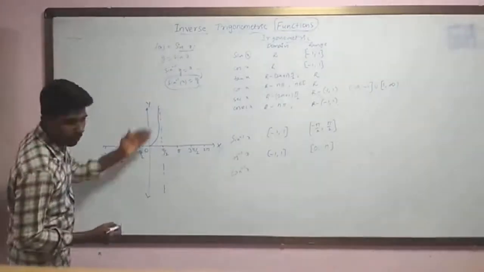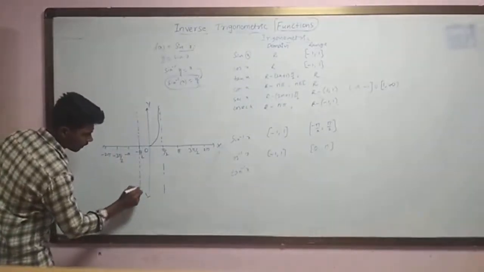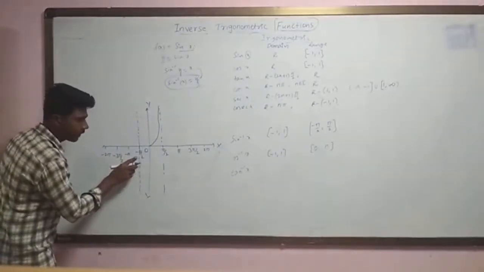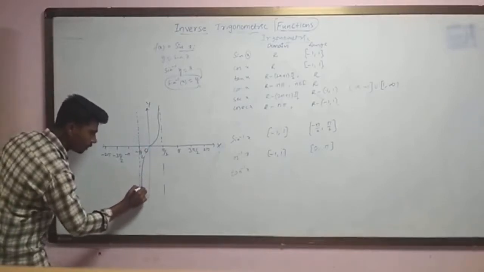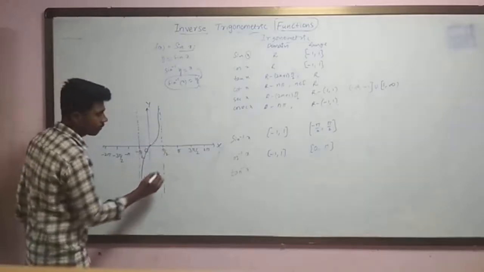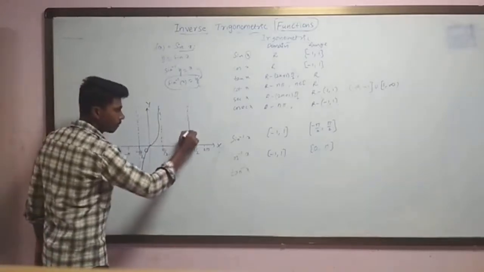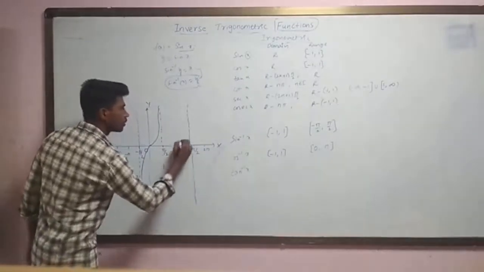So it won't join. In the same way, tan of minus 90 approaches minus infinity. If I draw a diagram between these two, the curve moves like this.